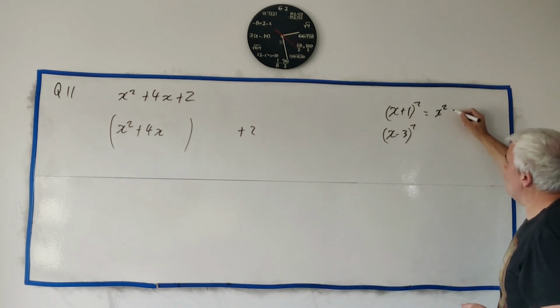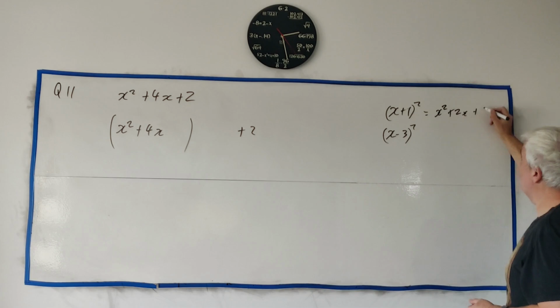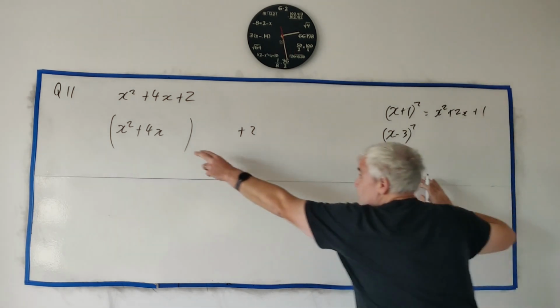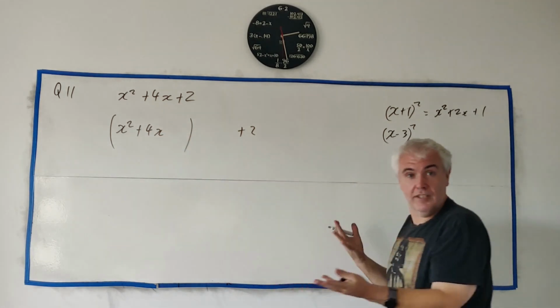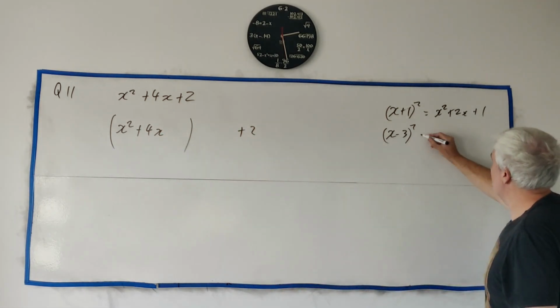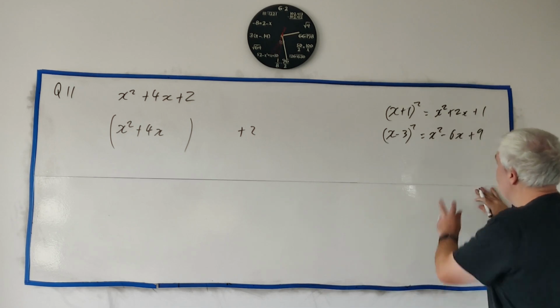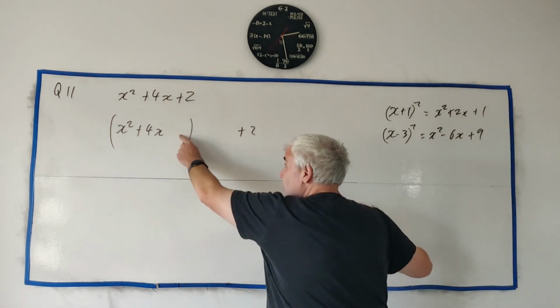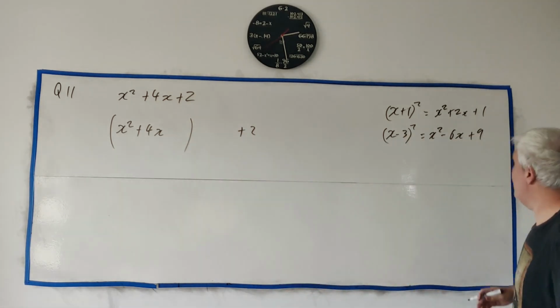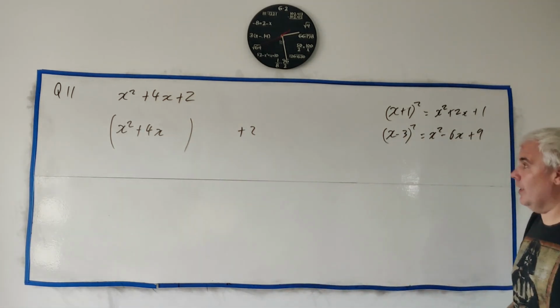This one would be x squared plus 2x plus 1. So if there had been a 2x here, I would like a 1 to be there. This one would be x squared minus 6x plus 9. If there was a minus 6x here, I'd like a plus 9 here.